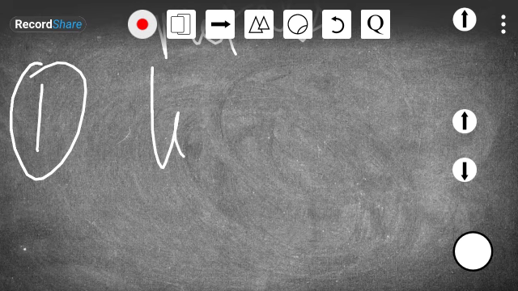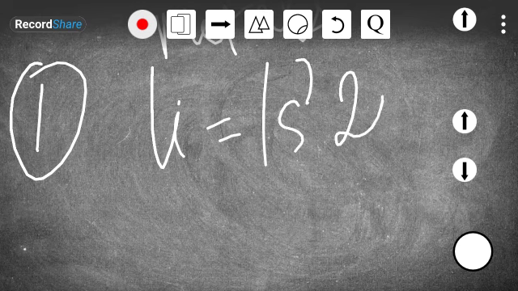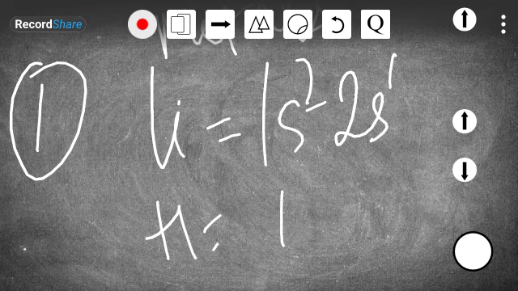The electronic configuration for lithium is 1s2, 2s1, and hydrogen also has 1s1 configuration. So they both have one electron in their outermost shell. So similarity number 1 is that they both have the same number of electrons in the outermost shell.